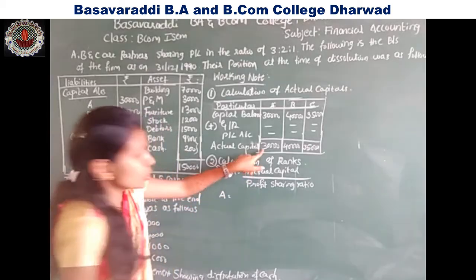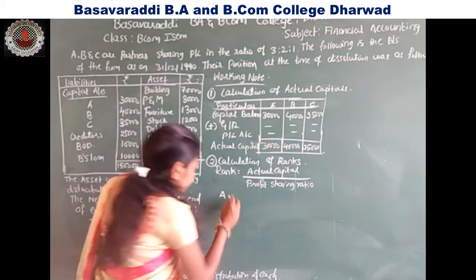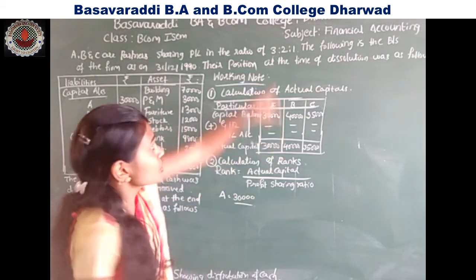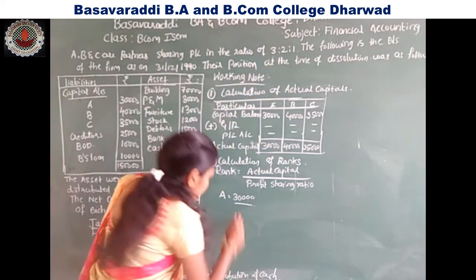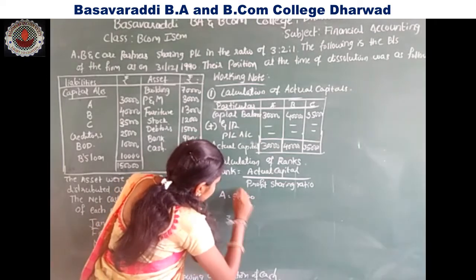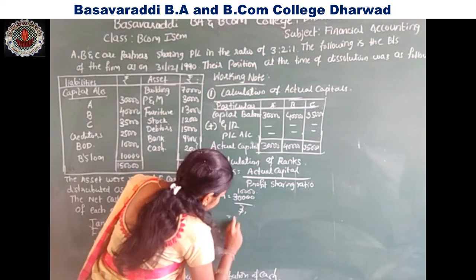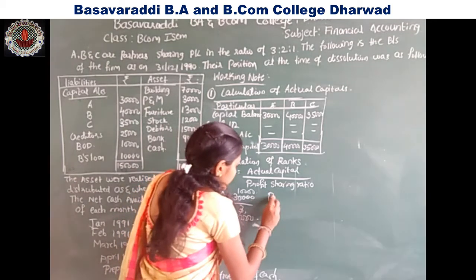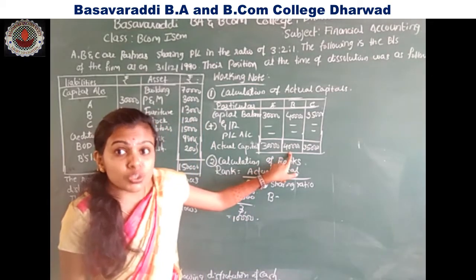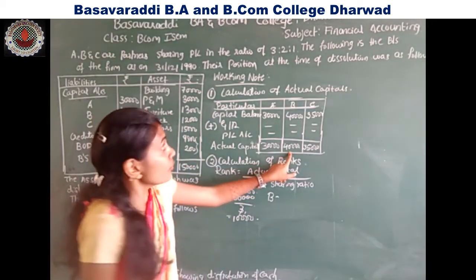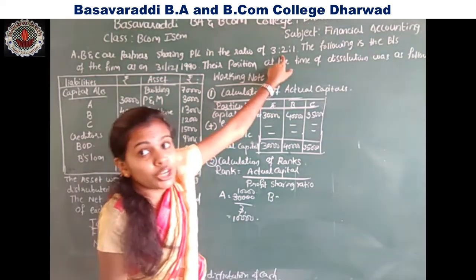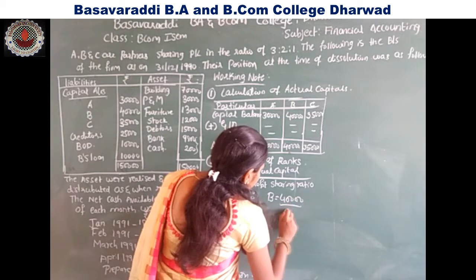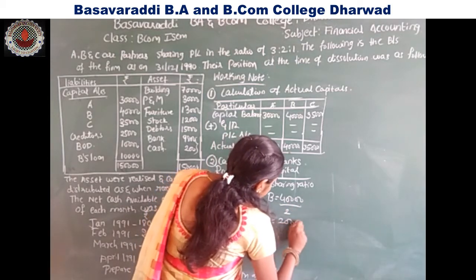Actual capital how much? Rupees 30,000 divided by profit sharing ratio 3. 3 tens are 10,000. Second partner, partner B: actual capital 40,000, profit sharing ratio 2. 40,000 divided by 2 is equal to 20,000.